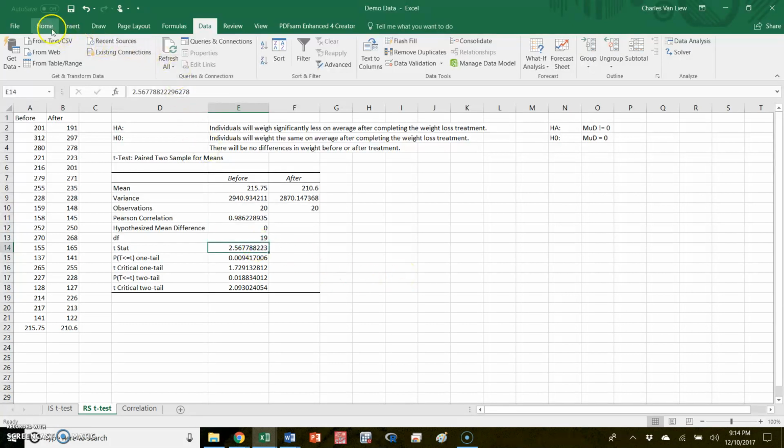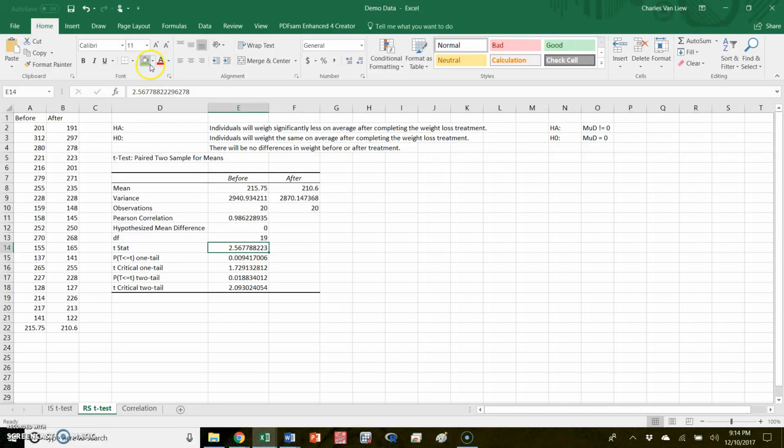So here is our t statistic. This is the first thing that we need to pay attention to. So we have our t statistic, and then we have p-values for the one-tailed and the two-tailed p-value. So doing a non-directional test, this would be the value we use to determine significance. And remember, what we're doing is checking to see if this value is less than or equal to 0.05 as the statistical convention.